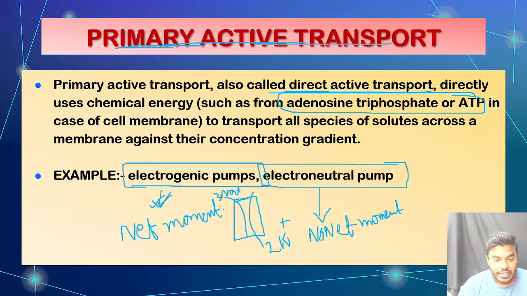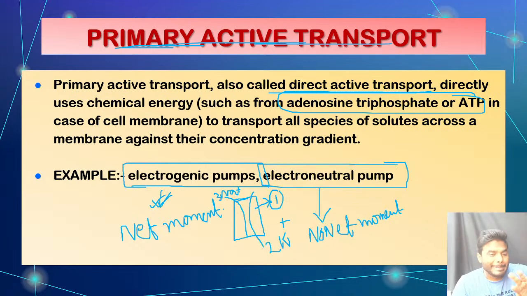So there will be a net movement of 1 positive charge. Of course, true: 3 sodium ions are going out, so 3 positive charges are going out, and only two positive charges are entering inside, which means there will be a net movement of one positive charge.